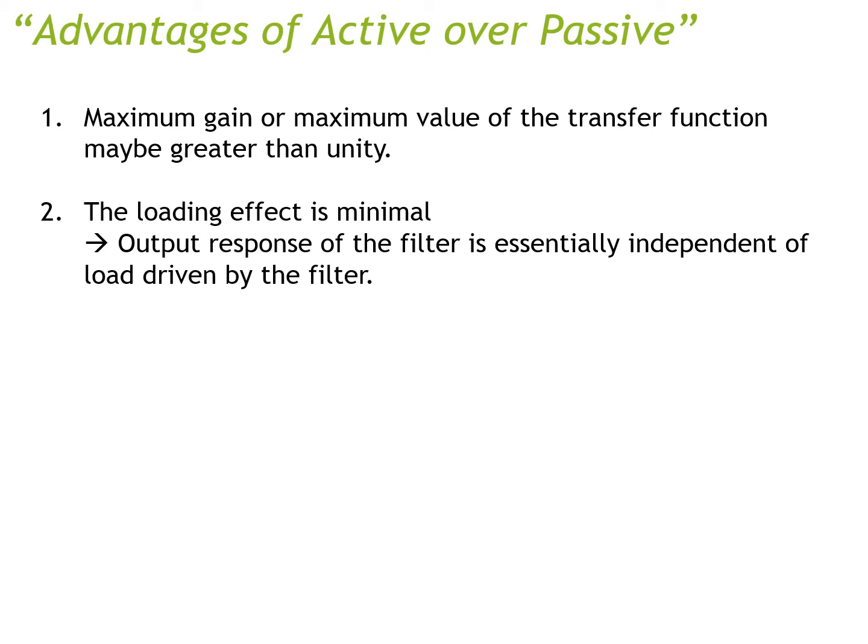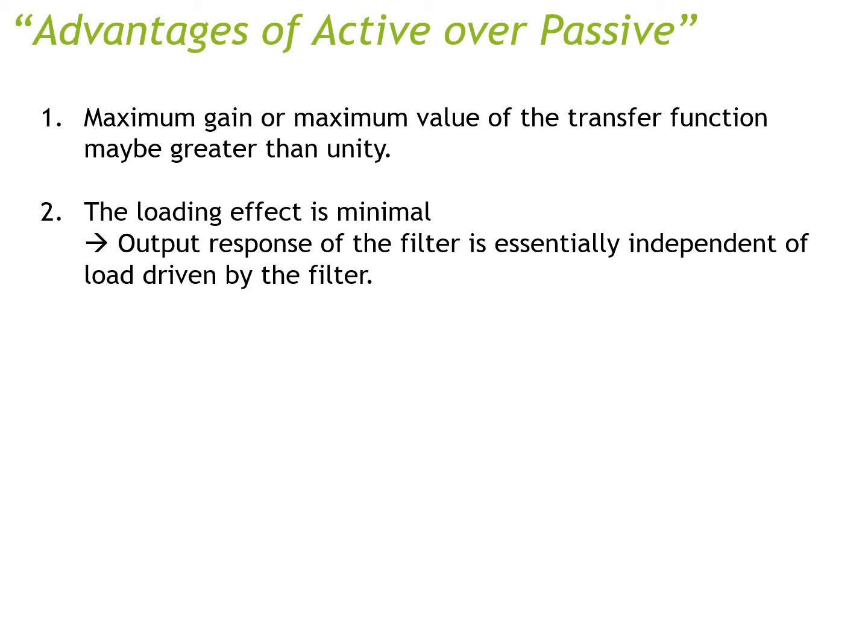There are two main reasons. The first reason is the maximum gain, or maximum value of the transfer function, can be larger than 1. The second, and the biggest reason, is that the loading effect is actually minimal when you use an active filter.